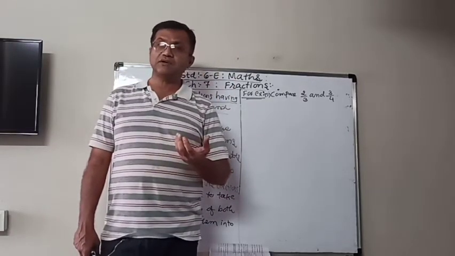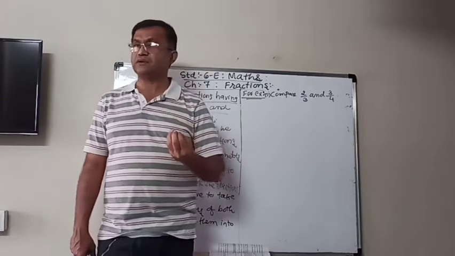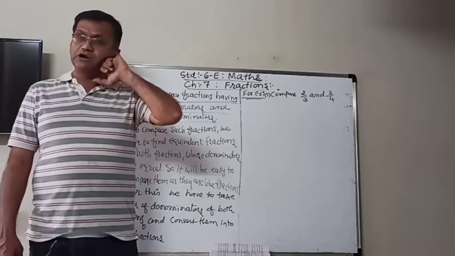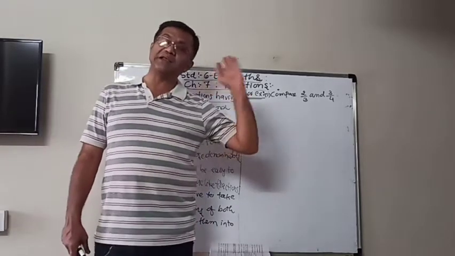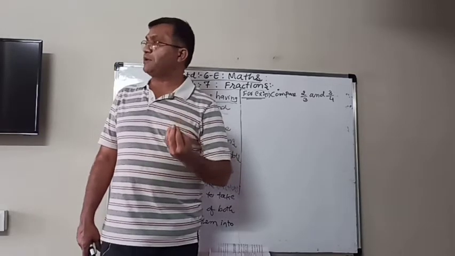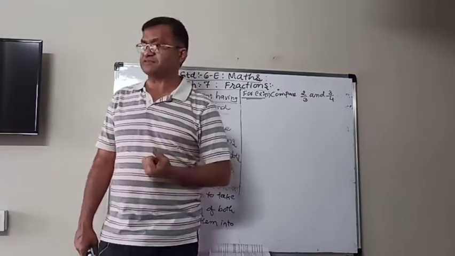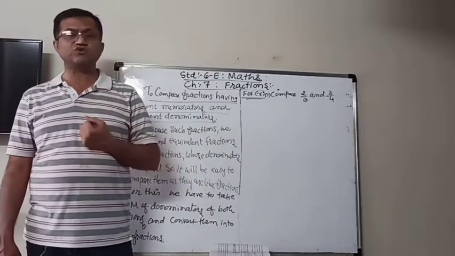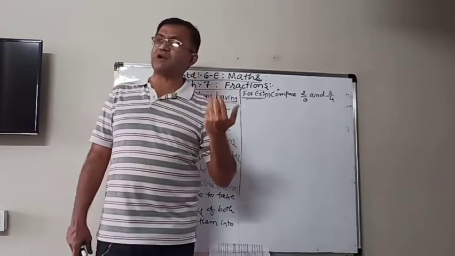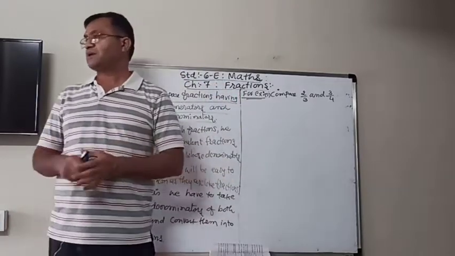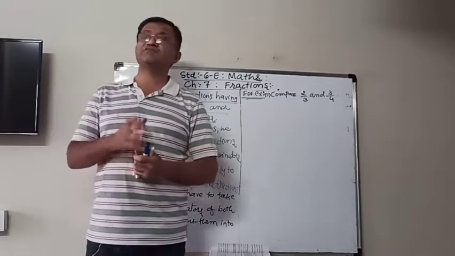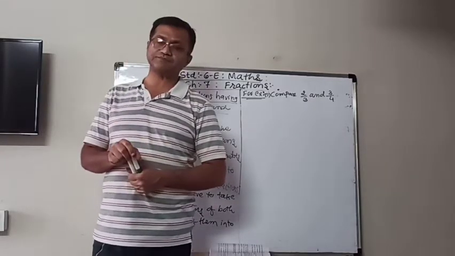And then when the denominators are equal, it is very easy to compare them, as we learned in the last session: when the denominators are equal, they are like fractions. In this situation, if the numerator is smaller then the fraction is smaller, and if the numerator is greater then the fraction is also greater.